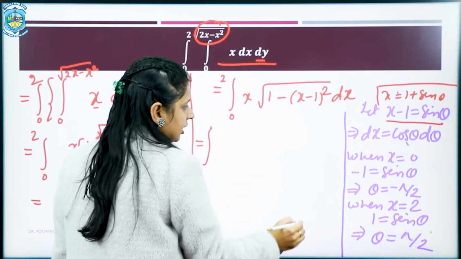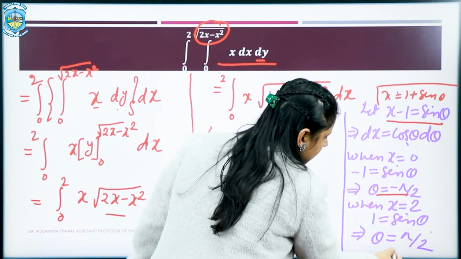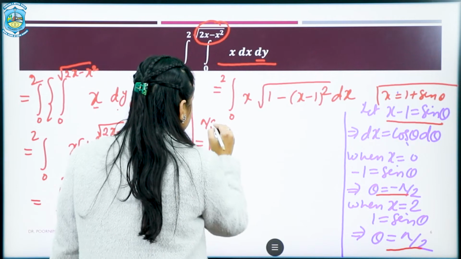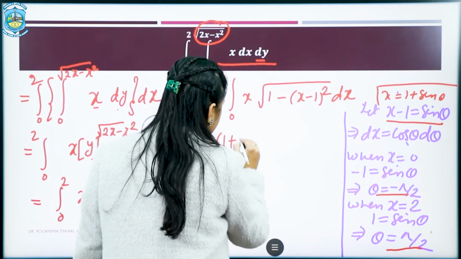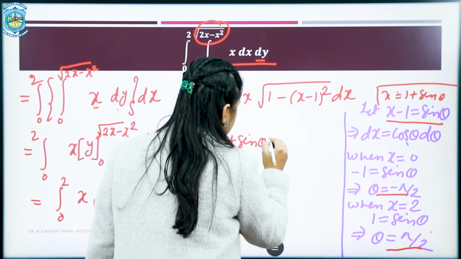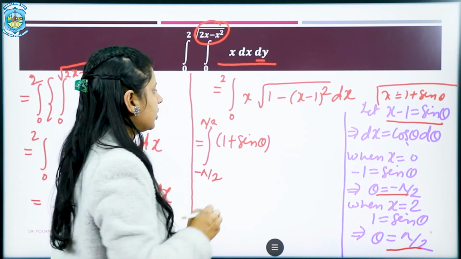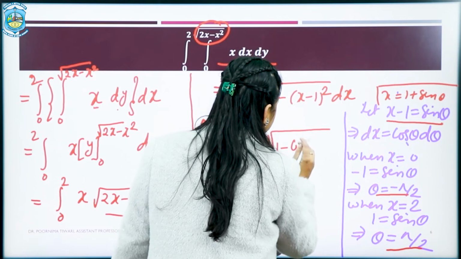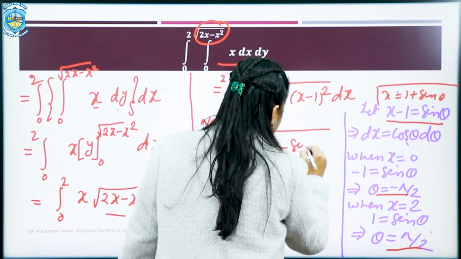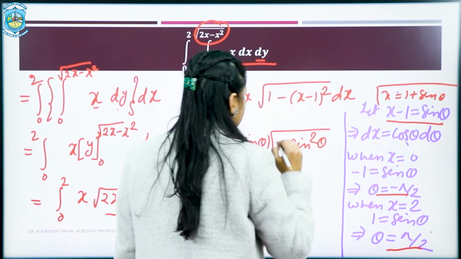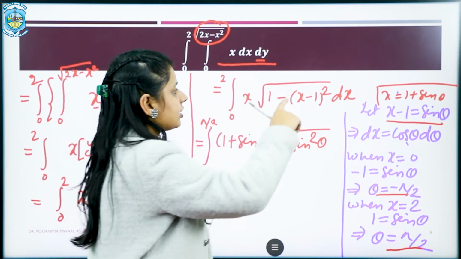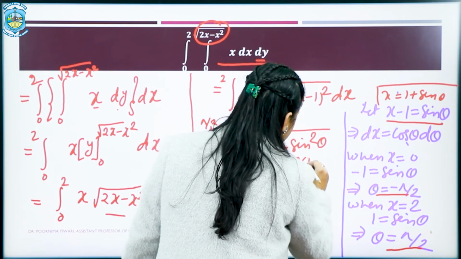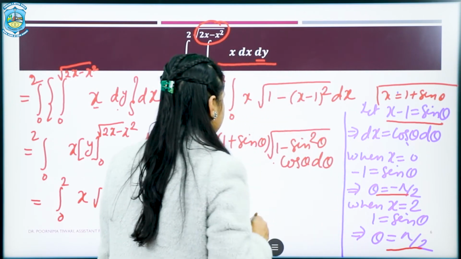So, limits are from minus pi by 2 to pi by 2. In place of x, we will get 1 plus sin theta, square root of 1 minus sin square theta. In place of dx, we have cos theta d theta.